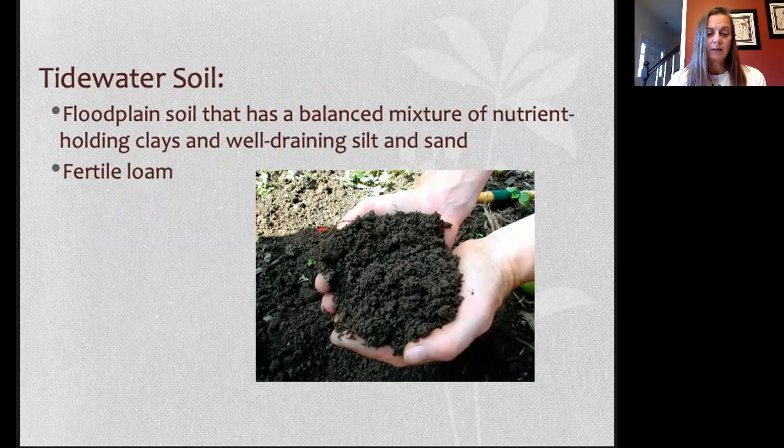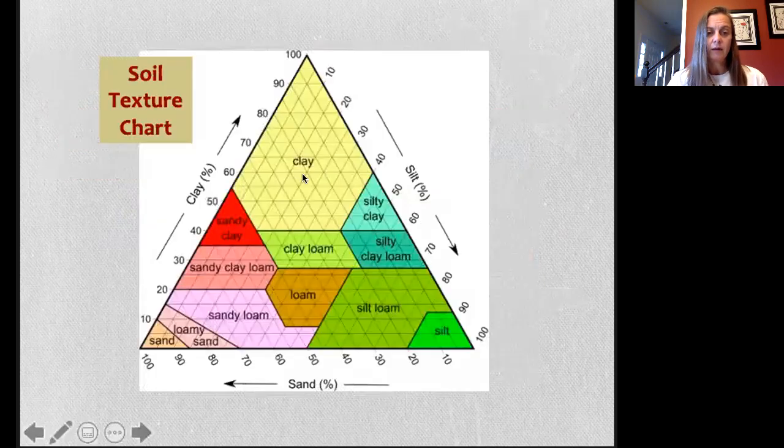So let's go back and take a look at this soil texture triangle. This triangle shows us percentages of silt, sand, and clay, the 3 dominant particle types. And it puts all of the soil types into this spectrum that has to do with the mixture of clay, silt, and sand. So the farther we get over here towards sand, the more permeable the material is going to get.